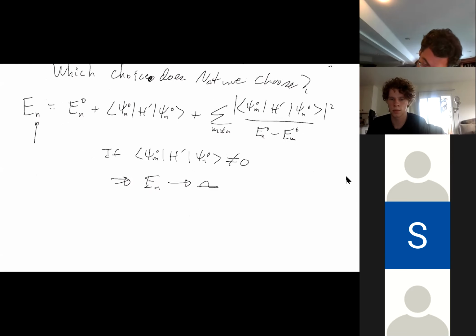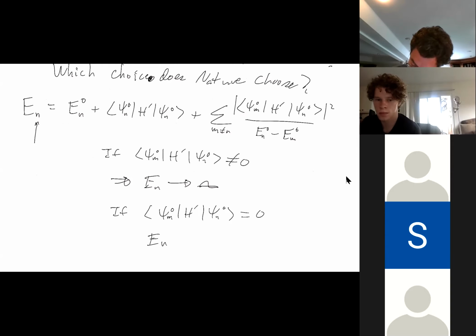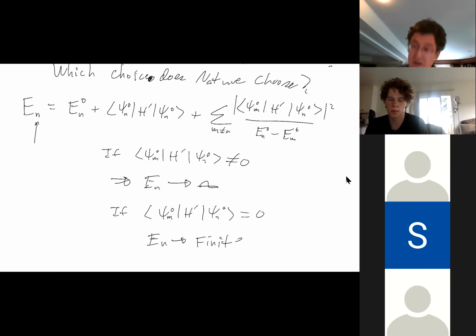On the other hand, if I make a choice for degenerate eigenstate such that this equals 0, then my energy is finite, right? So which choice does nature choose?